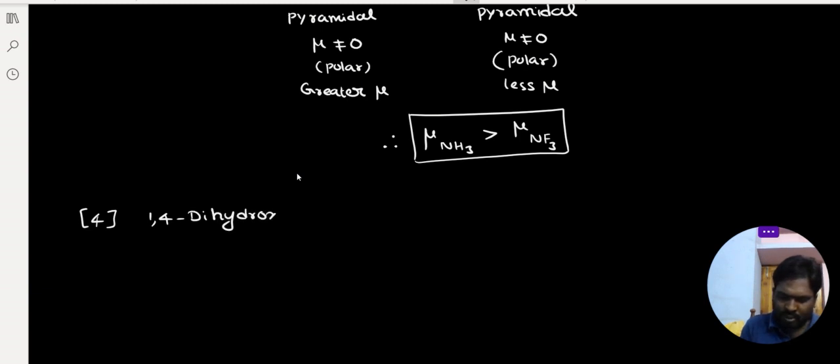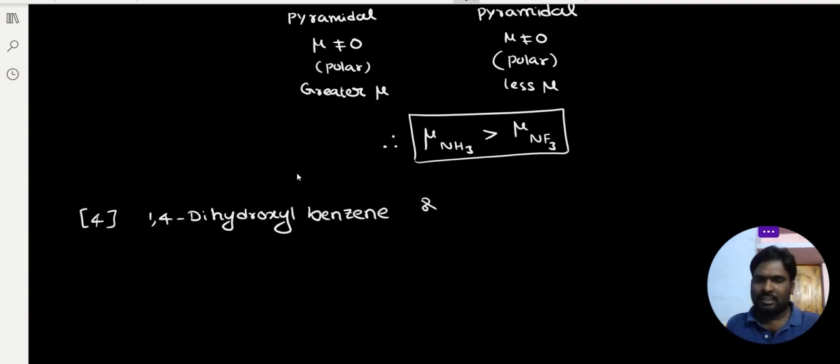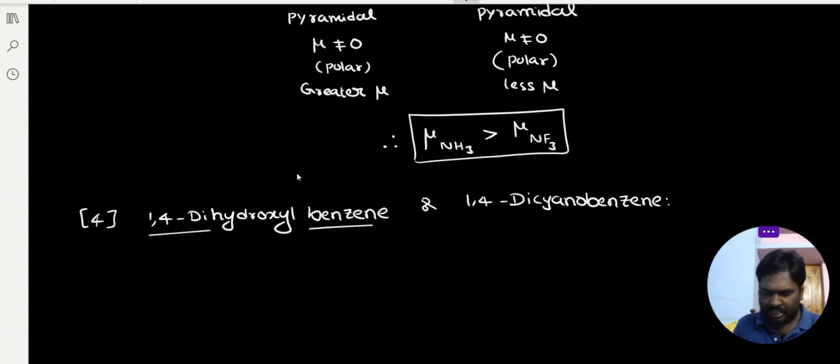1,4 dihydroxyl benzene and 1,4 dicyanobenzene.